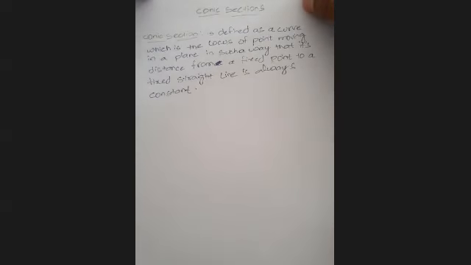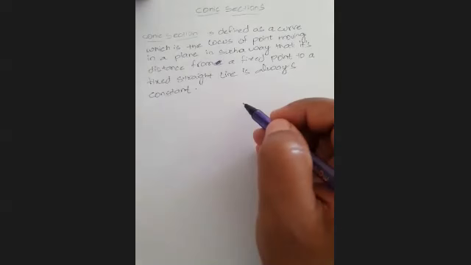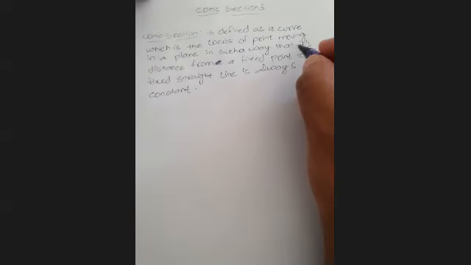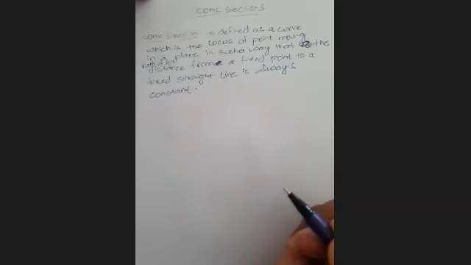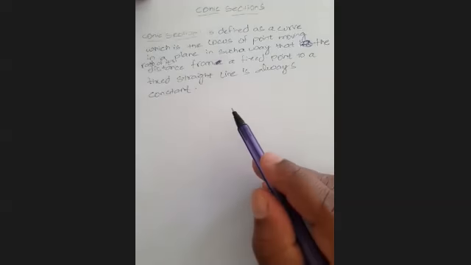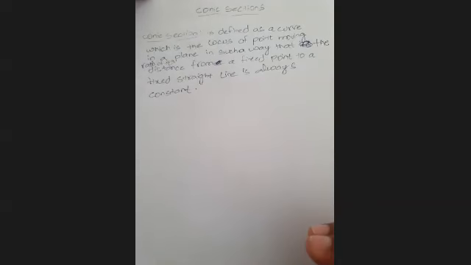I have forgotten something here: you need to add "in such a way that the ratio of its distance from a fixed point to a fixed straight line is always constant." That is the definition of a conic section in terms of its construction.